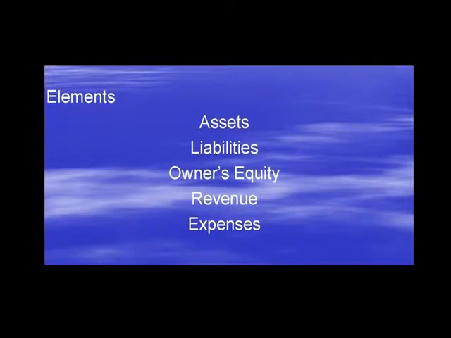These are the elements. Under each element, there must be some items. Items means accounts to be kept in the ledger. For each item, we have to have accounts. In this list, see how many accounts you need.